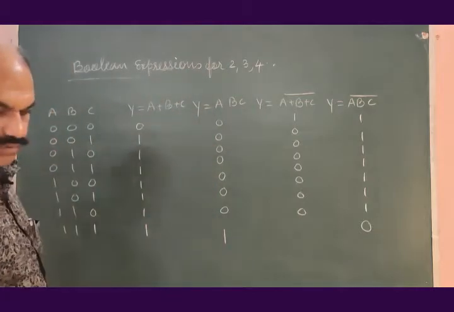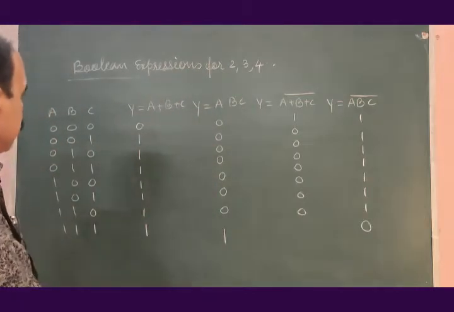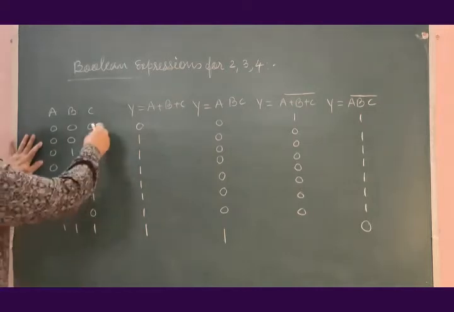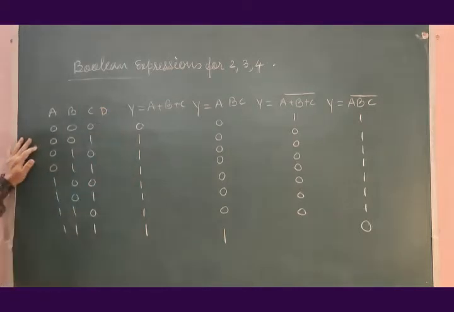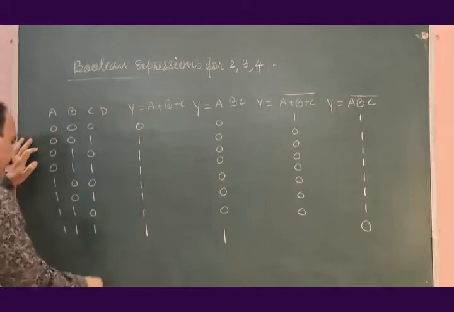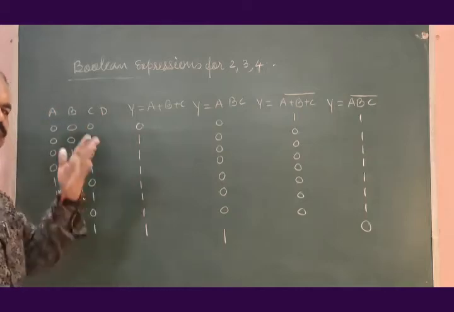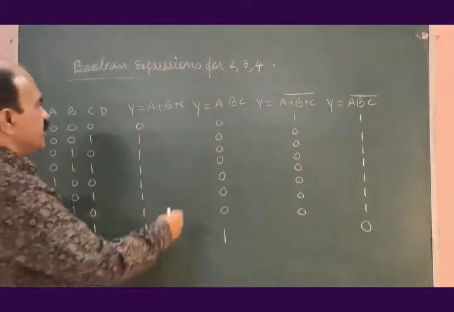For 4 inputs, it is very simple. Add one more input here. Continue till 16 combinations.